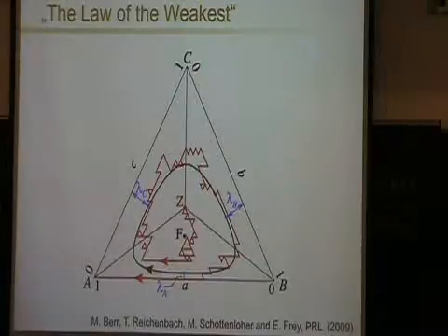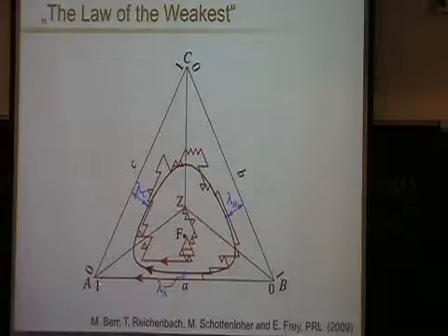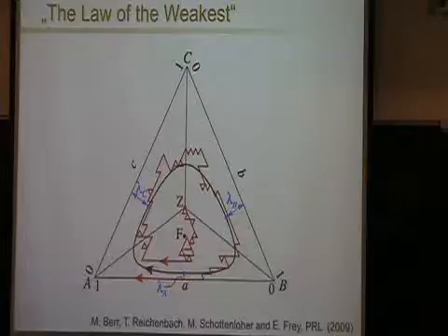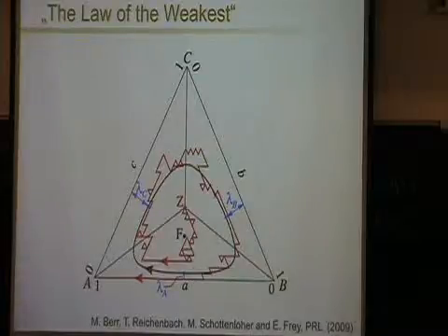And from that, you can estimate the probability of ending up in this state or that state. And what you find is that the probability of ending up in those states, C or B, is suppressed against the probability of ending up here by a certain power in n.